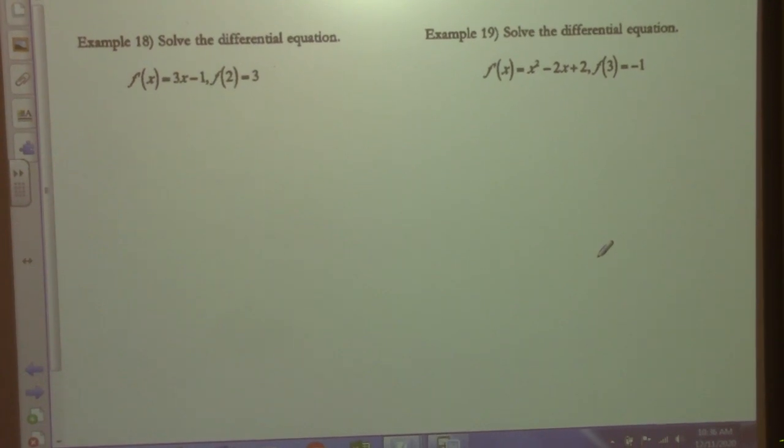Okay, I'm going to go over 19, and I want you to correct me if I'm wrong, because as you well know by now, that's very possible, if not likely. So what happens is f of x is going to be equal to the integral of f prime of x dx, right?